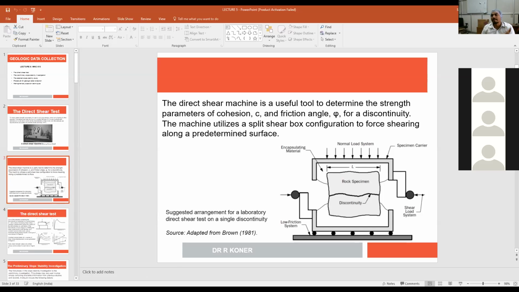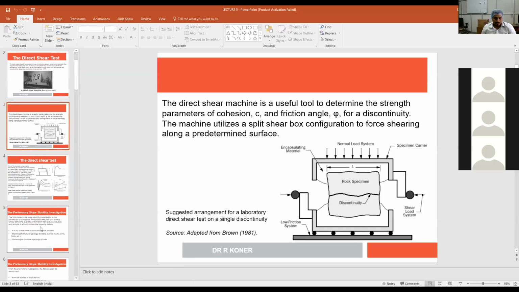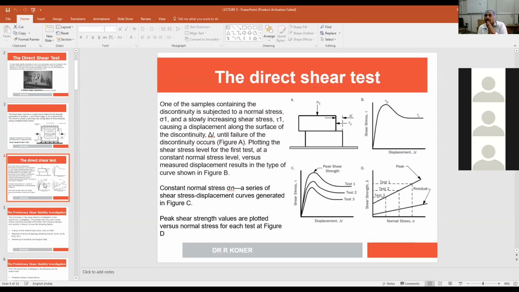So that is 1.1 megapascal amount of load. This way we can interpret the direct shear and conduct the direct shear test.